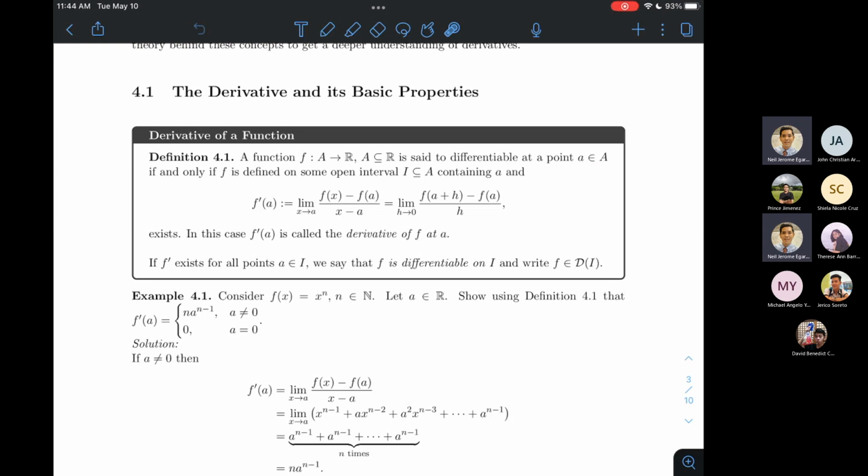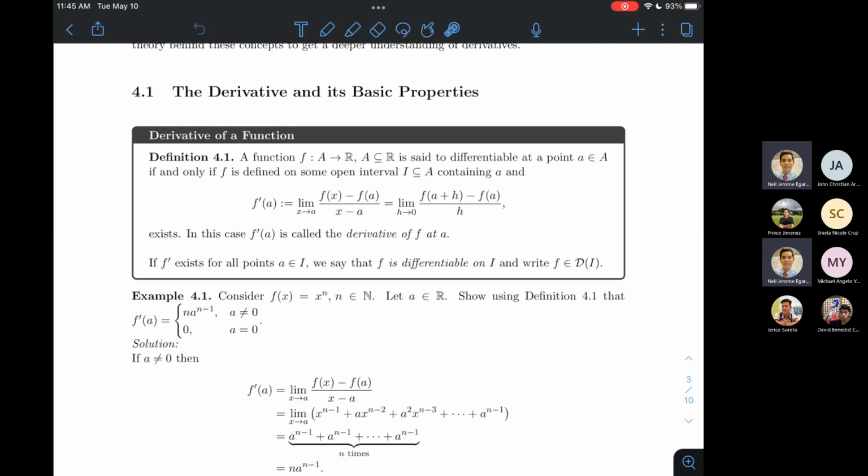Pero sa pagde-define ng derivative ng isang function sa isang number, dapat ay define yung function doon sa number na iyon. It is not necessary for it to be a limit point, pero dapat element siya ng domain. And actually, dito pa pala papasok yung kailangan siya ay isang limit point.